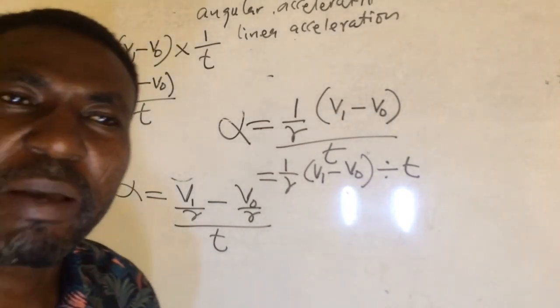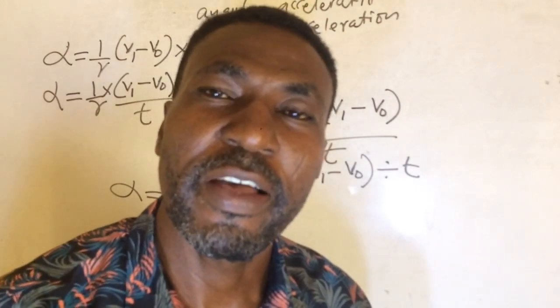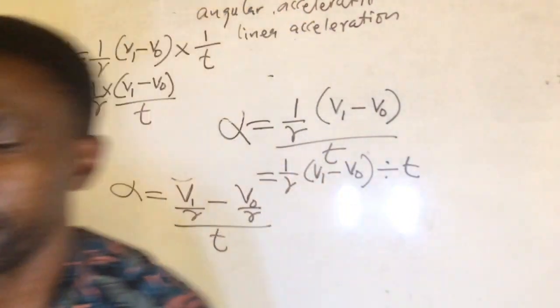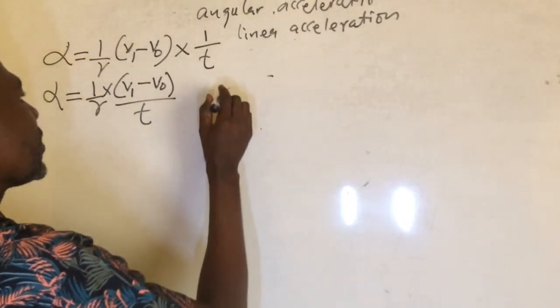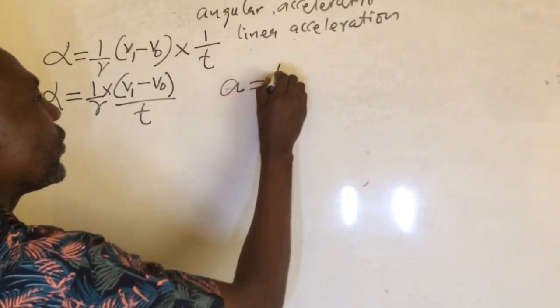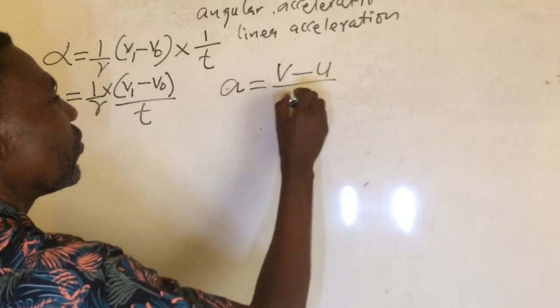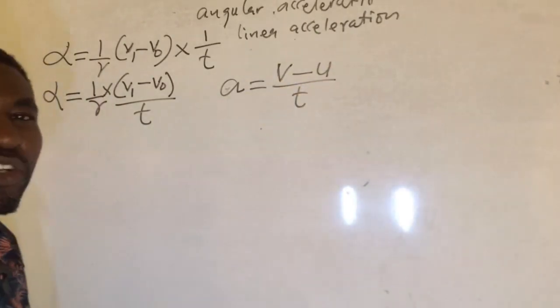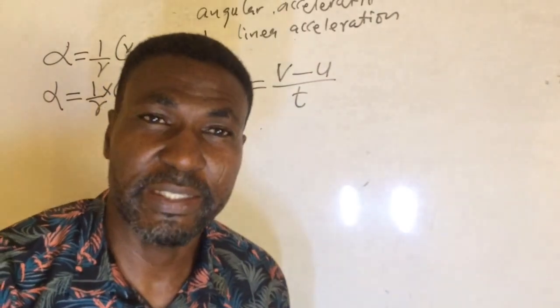And remember that our linear acceleration is equal to (v minus u) all over t. We just use letters to represent it.